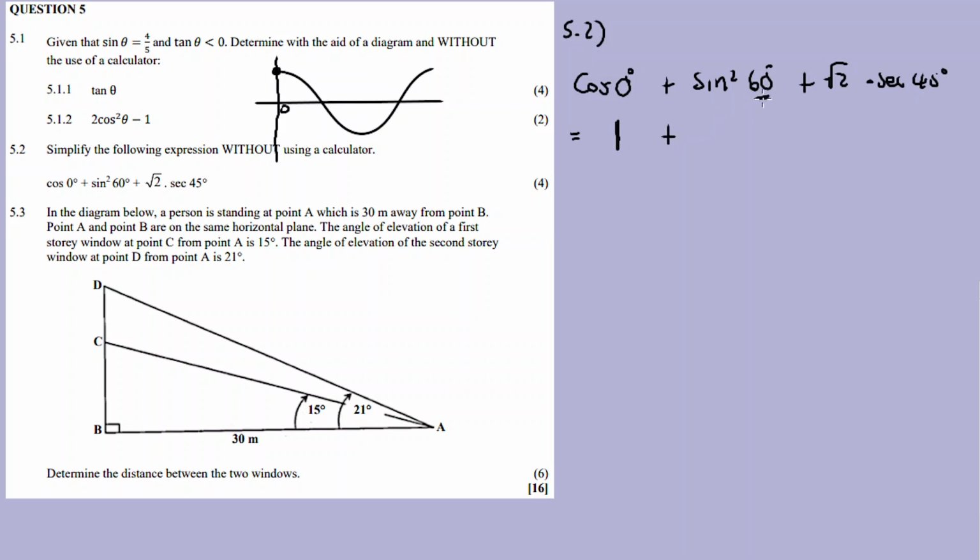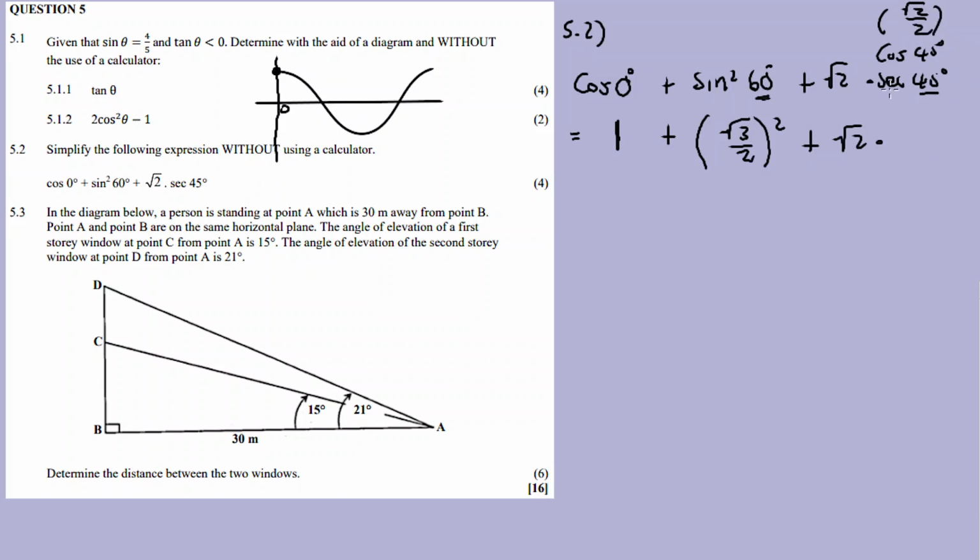Plus special angle, so sine 60 degrees, square root 3 over 2 squared, plus square root 2 times sec, which is the opposite of cos. So cos 45 degrees will be square root 2 over 2, right?